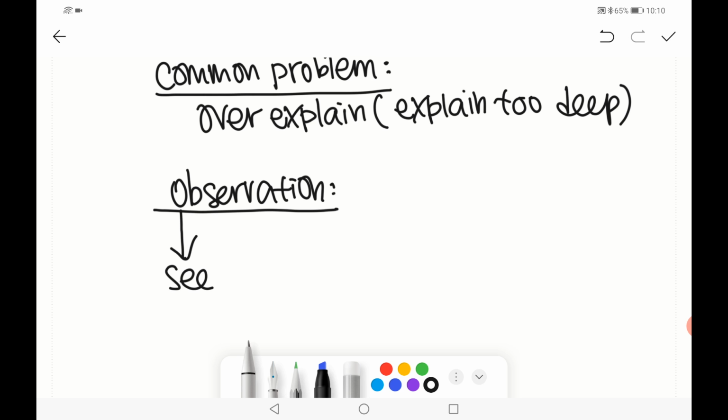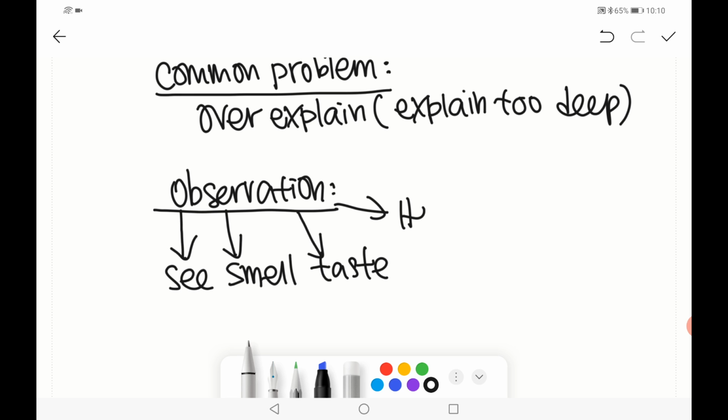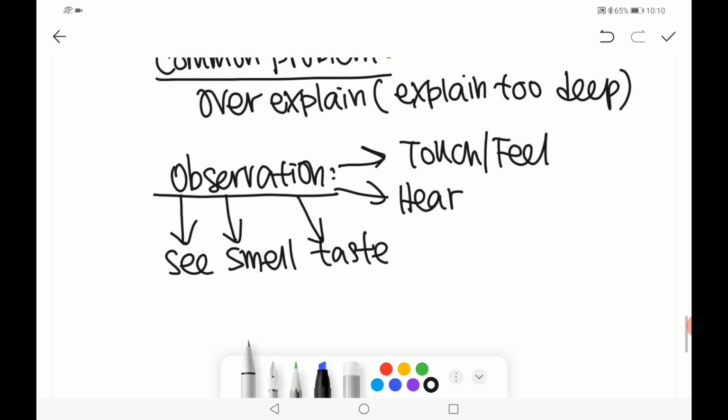Number 2, observation can also refer to anything that we can smell, anything that we can taste, anything we can hear, as well as anything we can touch or feel. But generally, when you come to chemistry observation, we focus more on what we can see.